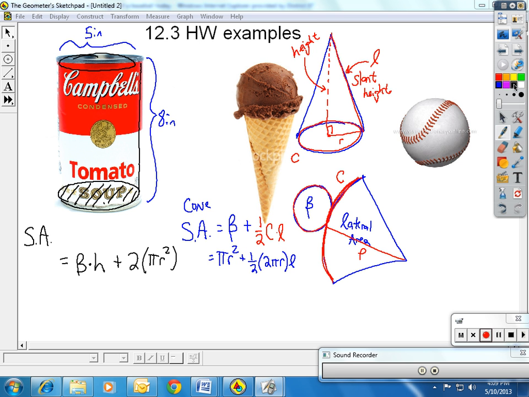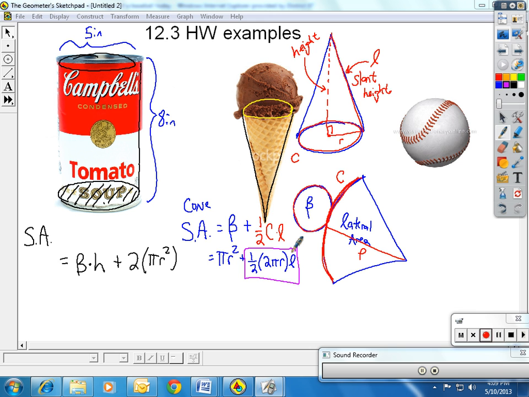So now let's look in context here. If this waffle cone is of interest, and I want to know how much waffle goes into that outside cone, I am going to be interested only in the lateral surface area. So I'm only interested in this part now, because an ice cream cone doesn't really have a base. It's filled with ice cream.